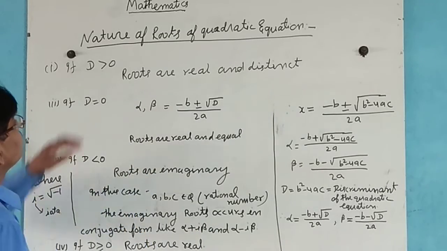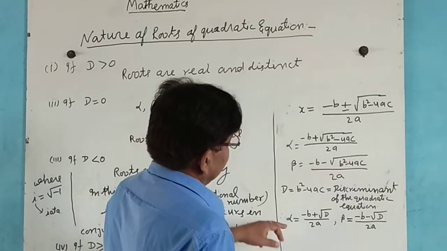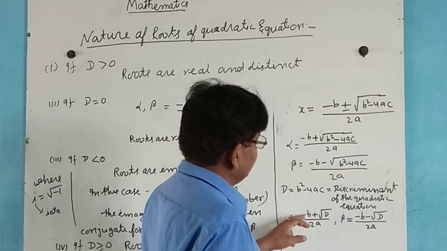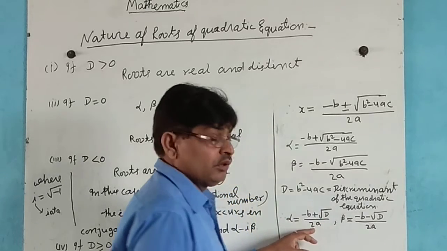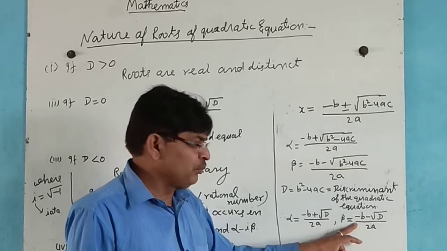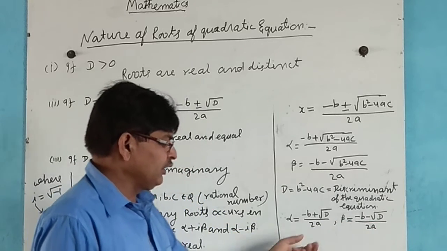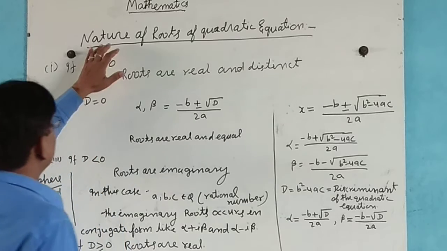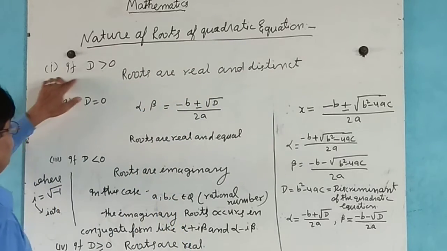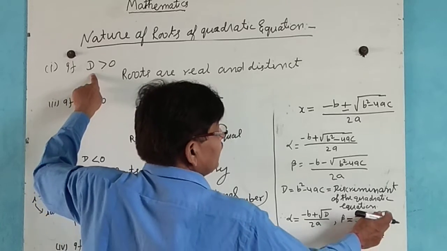Now, nature of roots of quadratic equation. One root is alpha equal to minus b plus under root d by 2a, and other root beta equal to minus b minus under root d by 2a. What is the nature of this? Nature of roots of the quadratic equation depends on d.